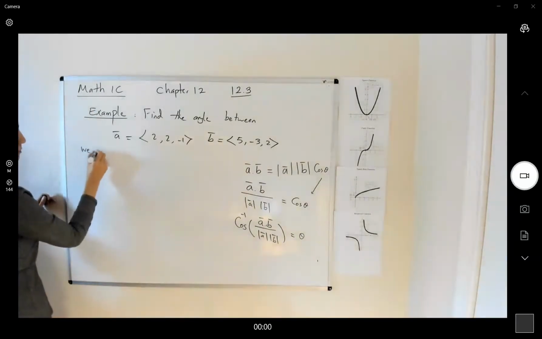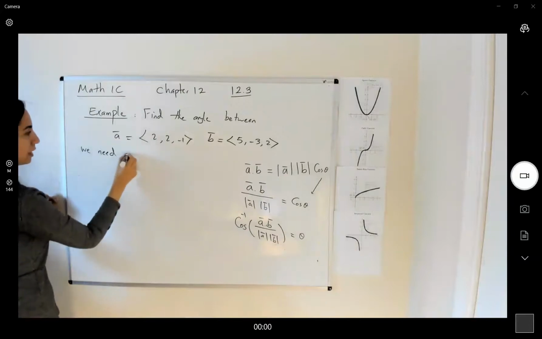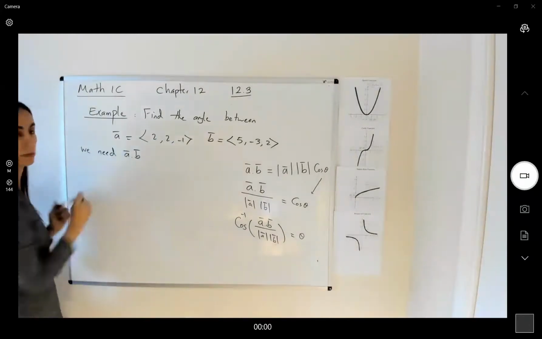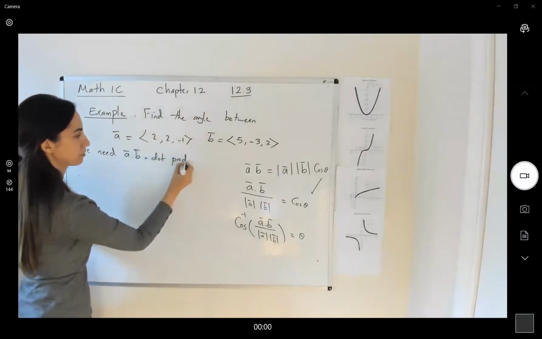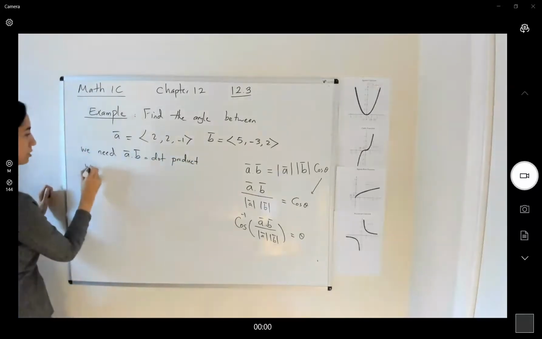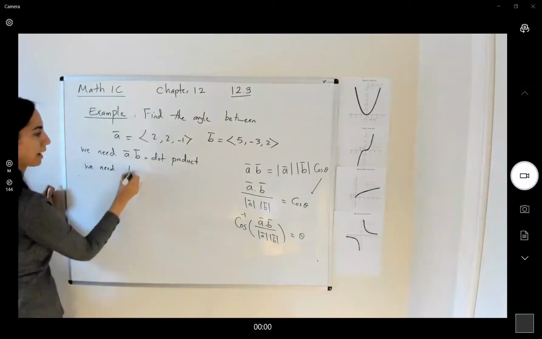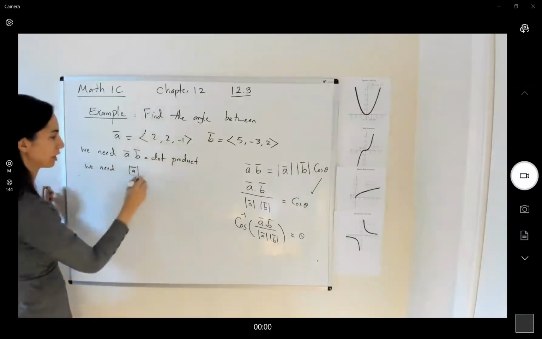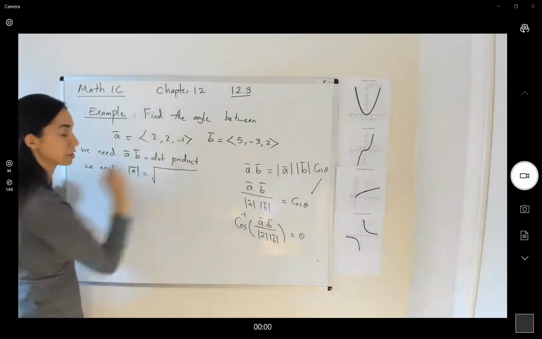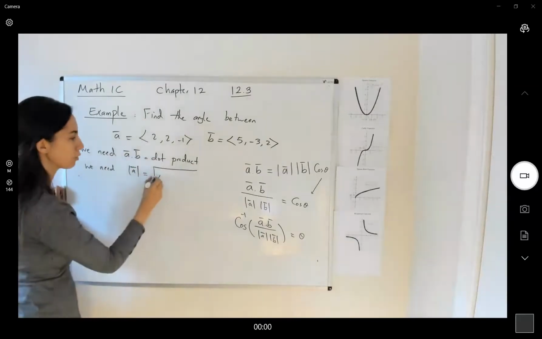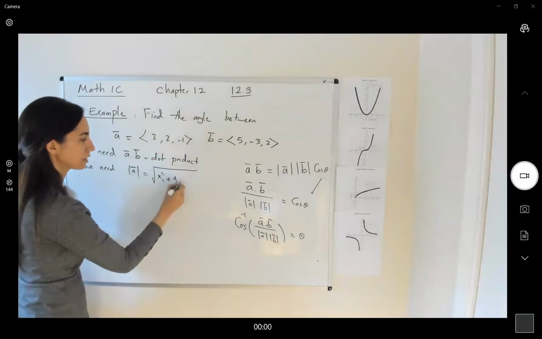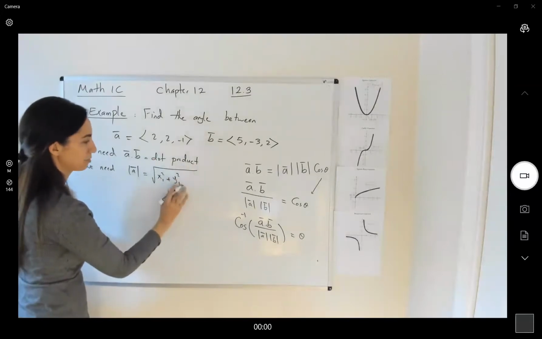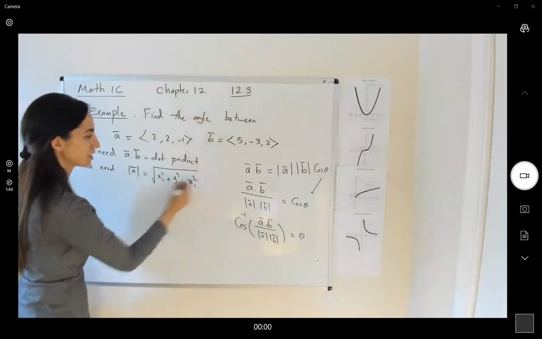There you go. So what do we need? We need A dot B, the dot product. We also need the magnitude of A. Remember that to find the magnitude, it is the square root of the first component squared plus the second component raised to the second power plus the last component raised to the second power.